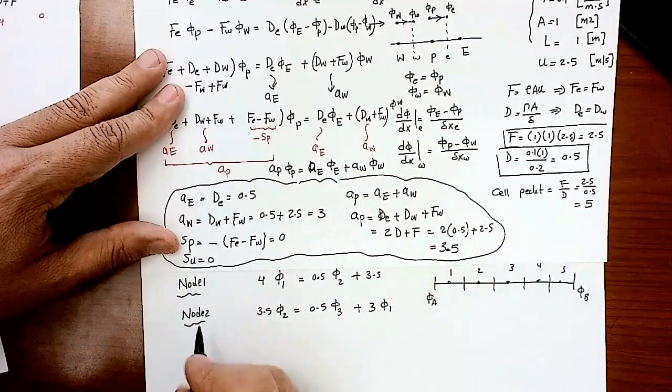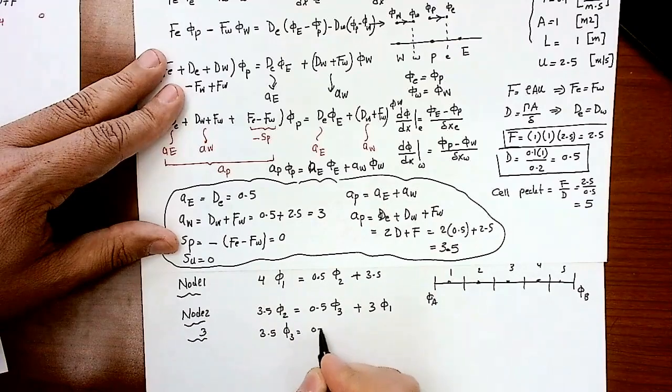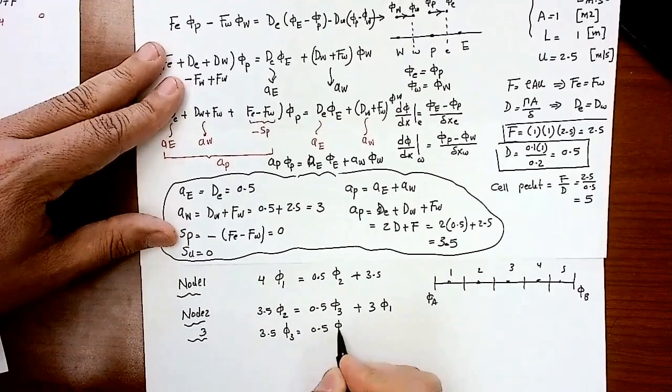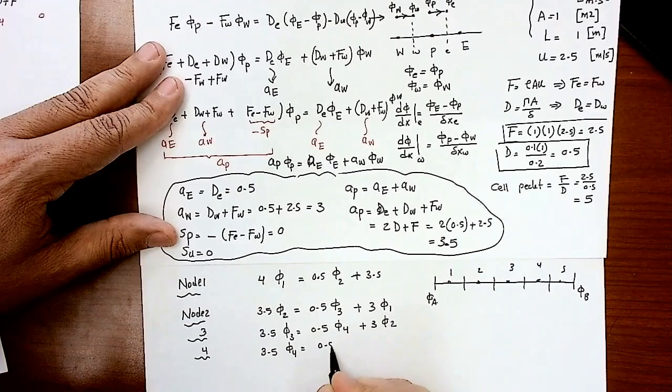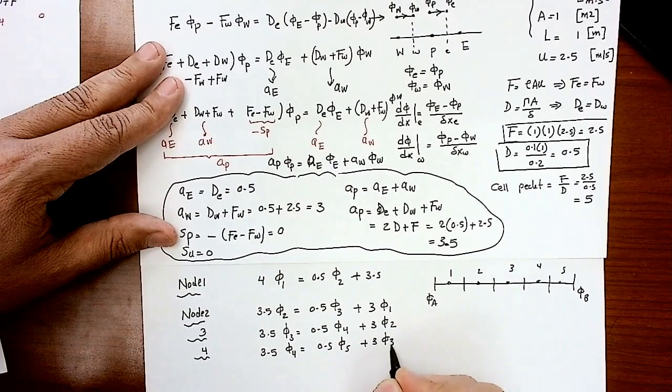Do the same for node number 3. You will have 3.5 phi 3 equal 0.5 of phi 4 plus 3 of phi 2. And for node number 4, you will have 3.5 phi 4 equal 0.5 phi 5 plus 3 phi 3.